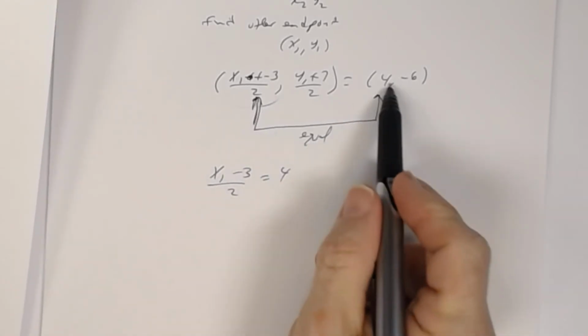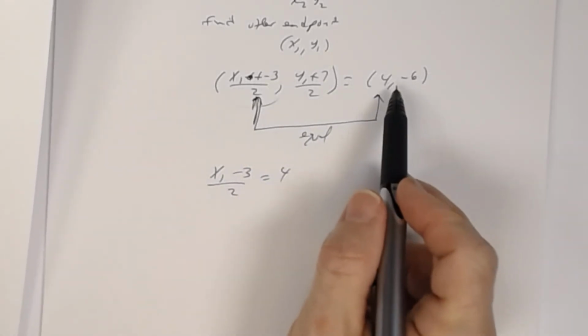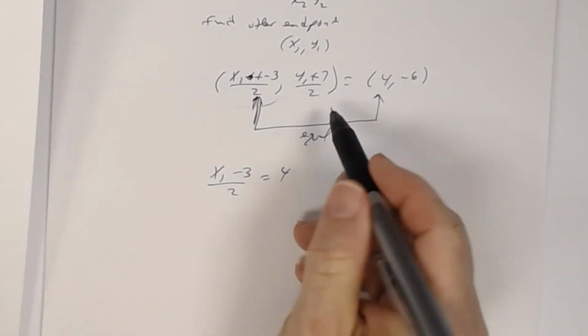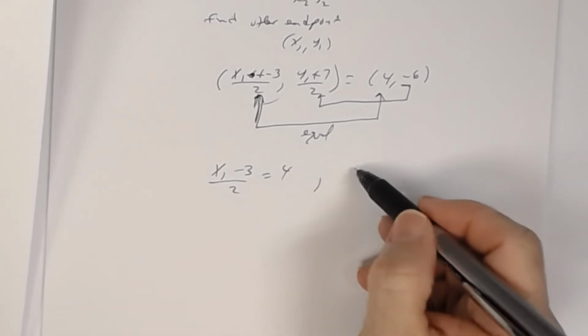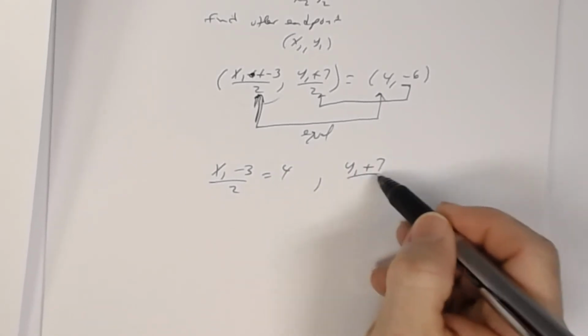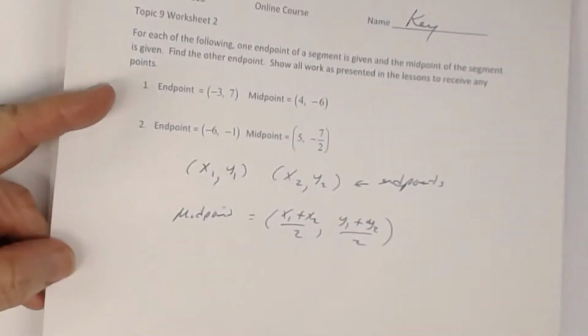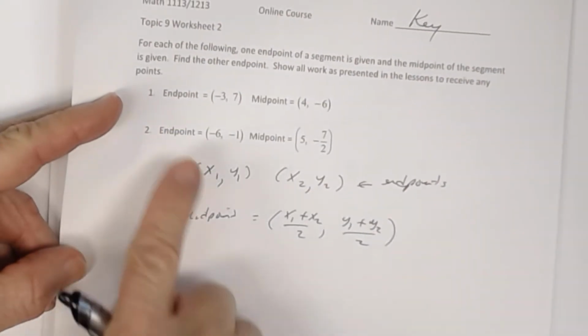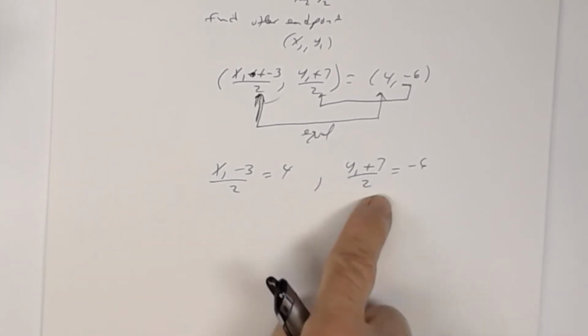These x coordinates are equal because that's the midpoint and that's the midpoint. The same thing with the y coordinates: y1 plus 7 divided by 2 has to equal -6. So each of these problems involves setting up two equations.